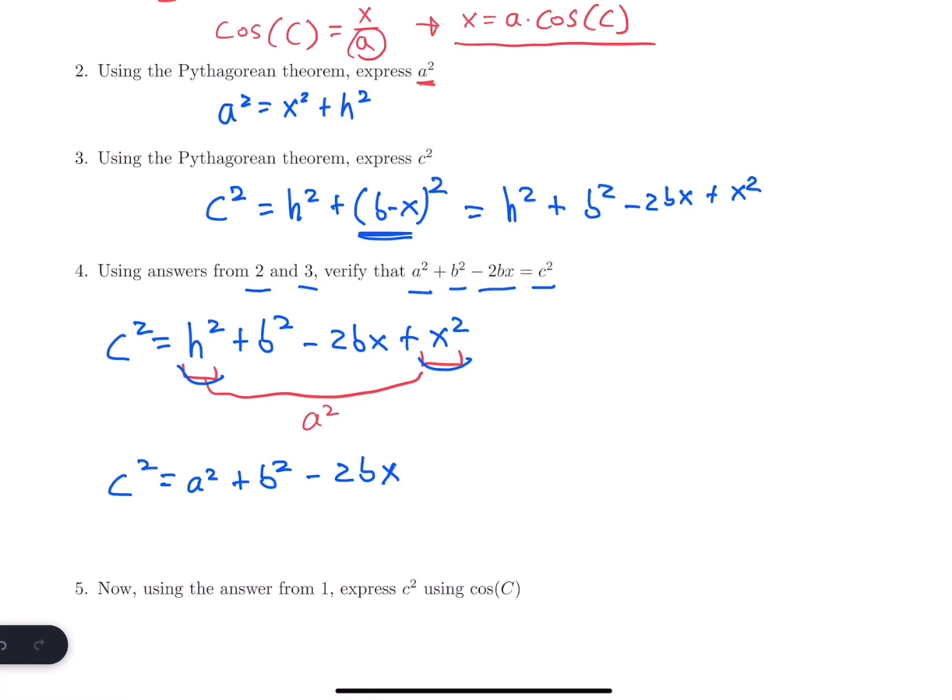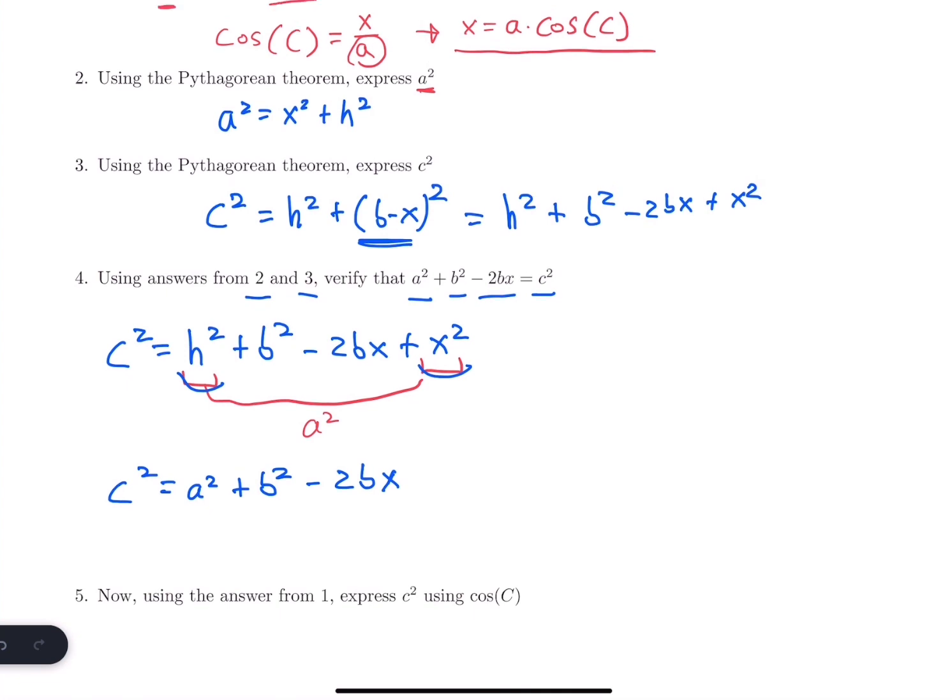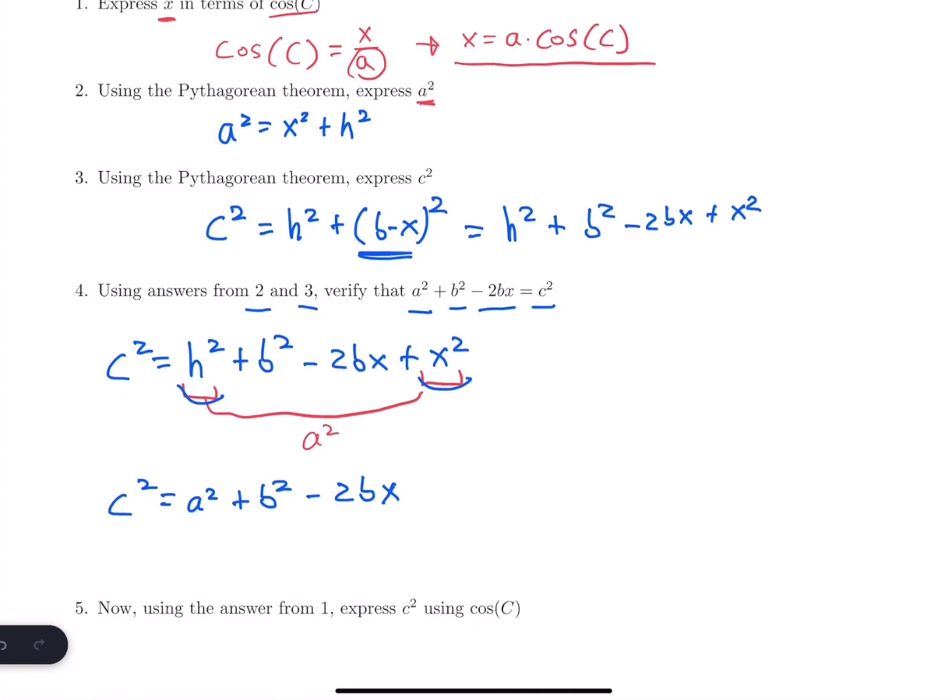So we have c squared equals a squared plus b squared minus 2 times b times x.